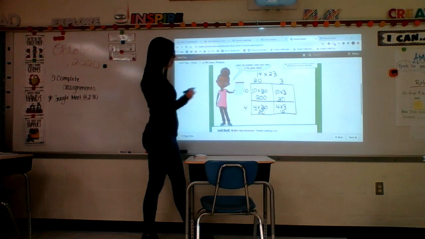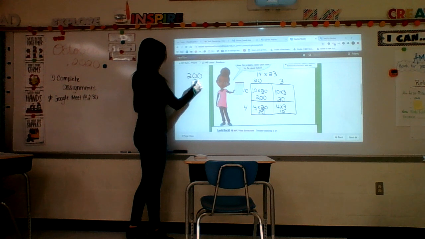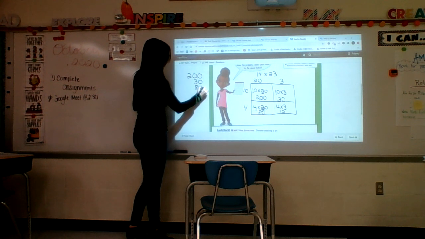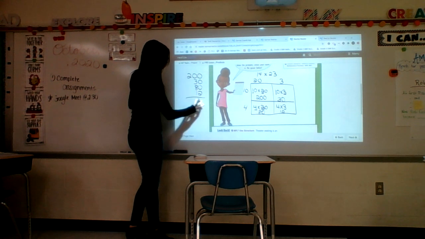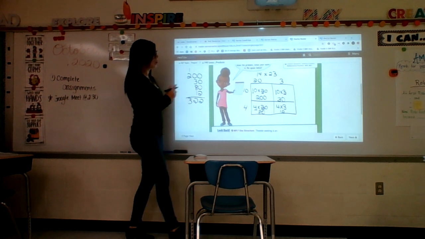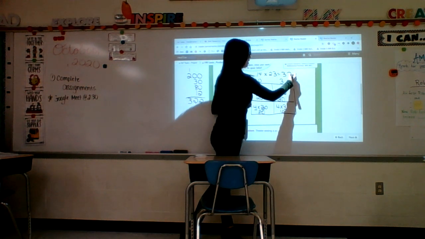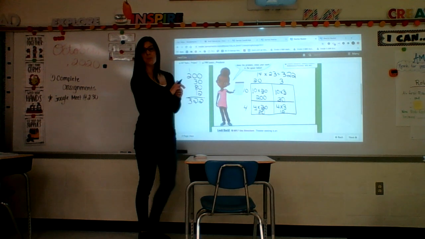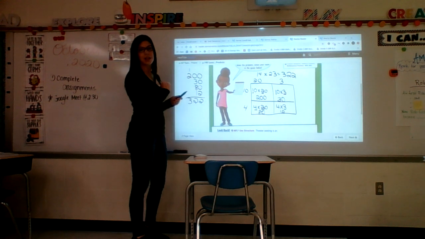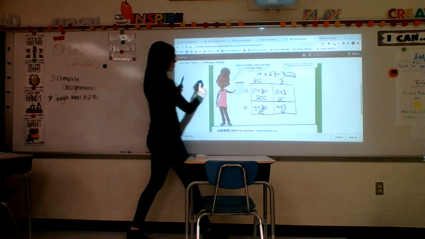So now I take those 4 products, I line up my place values, and I add them all together. So we know that 14 times 23 equals 322.